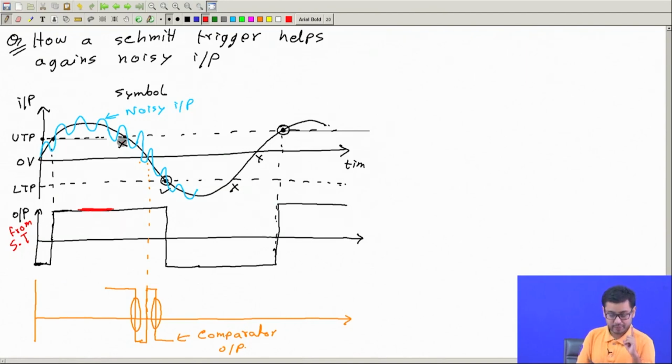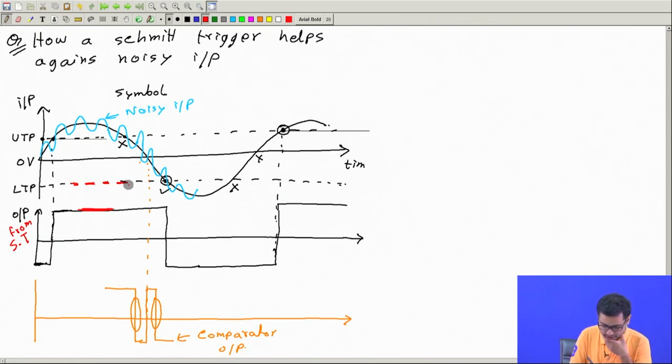It will remain positive as long as the input doesn't go below the lower trigger point, because output is already positive. So I have to compare with the lower trigger point, okay. So now this lower trigger point is the active comparison boundary. This is inactive. Upper trigger point is inactive at this point, okay. So I have to compare only with the lower trigger point.